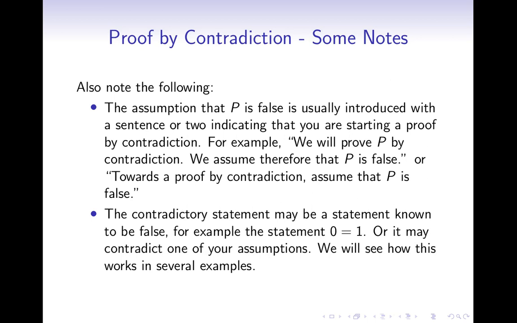And the contradictory statement that you prove can be something known to be false, like 0 equals 1 or minus 3 equals 14. Or it can contradict one of your assumptions, which is what happened in the first example proof we did.